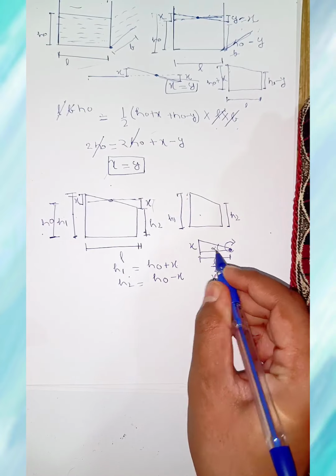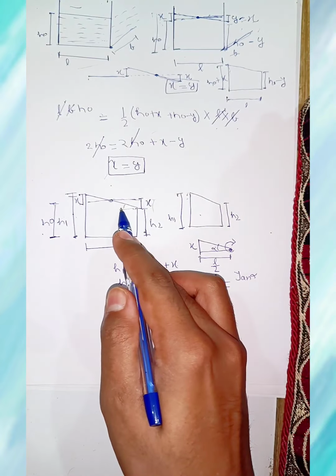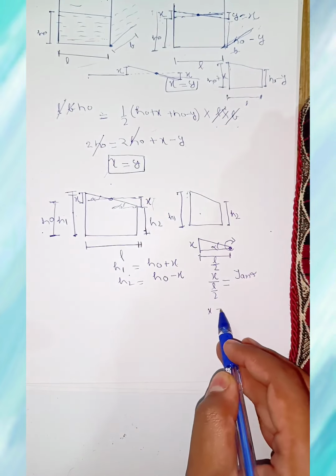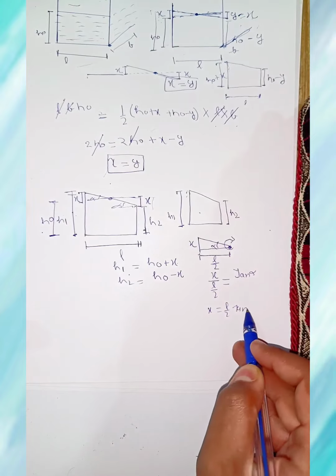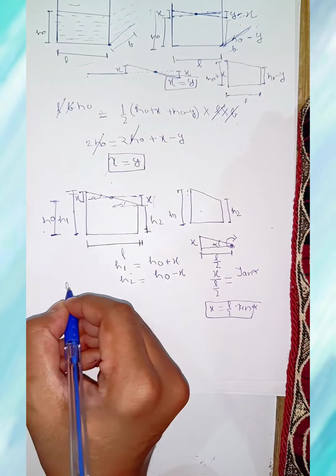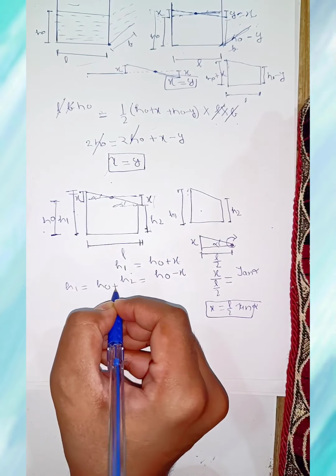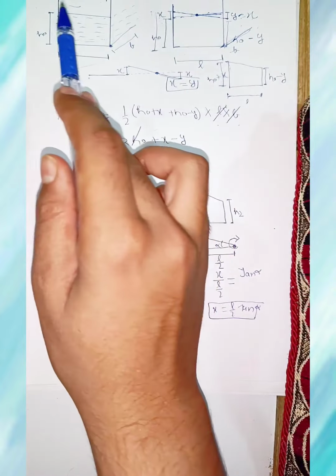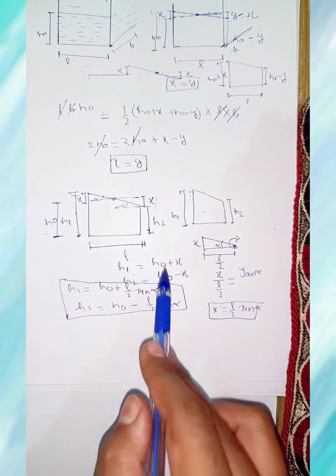This is actually alpha from corresponding angles. So x will be L by 2 tan alpha. So from here clearly h1 will be h0 plus L by 2 tan alpha, in terms of h0 and L. In terms of those things we have expressed this.